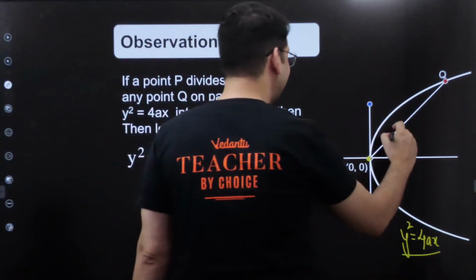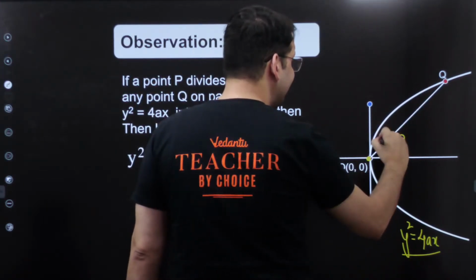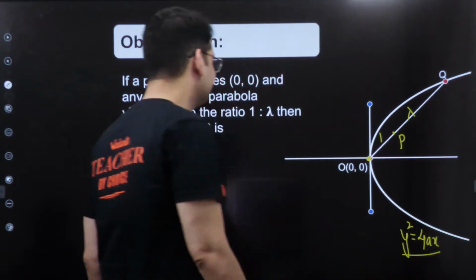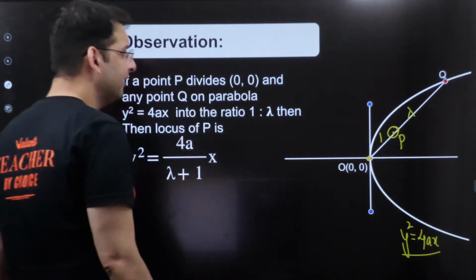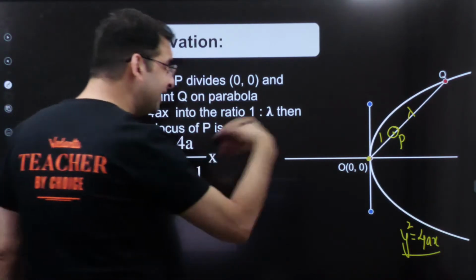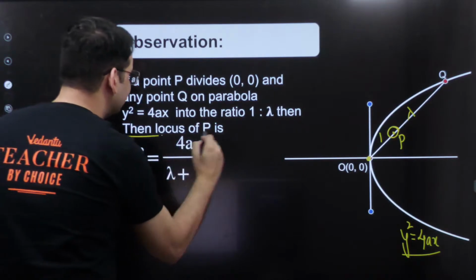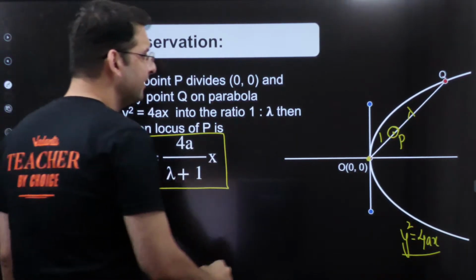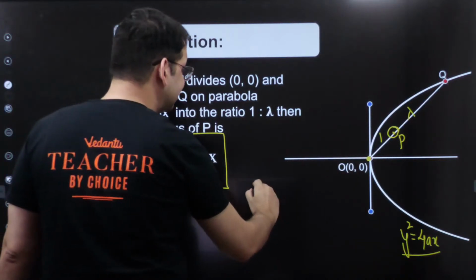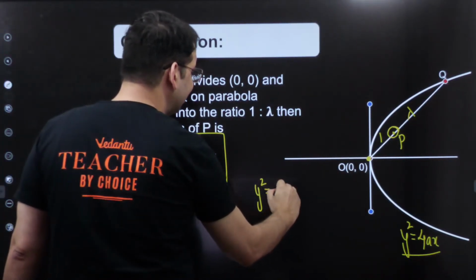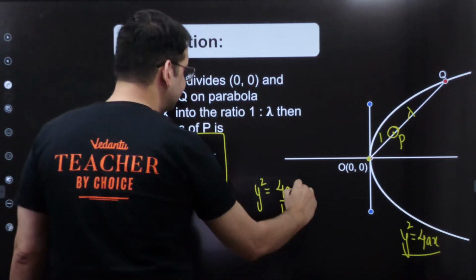Now there is a point P which divides this chord in the ratio 1:lambda. Then we have to find the locus of P. Now this is very important, which can be proved very easily, but again, I've made a standard formula on this. The locus of the point is going to be a parabola, which is y square is equal to 4a, length of the latus rectum, upon 1 plus lambda times x.